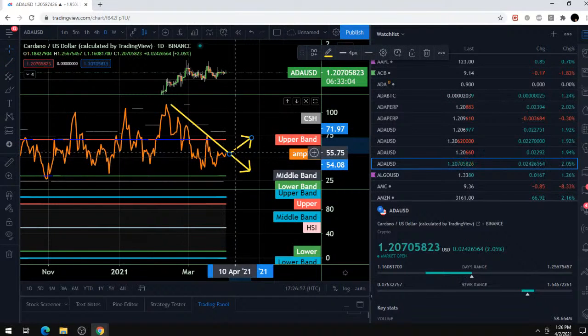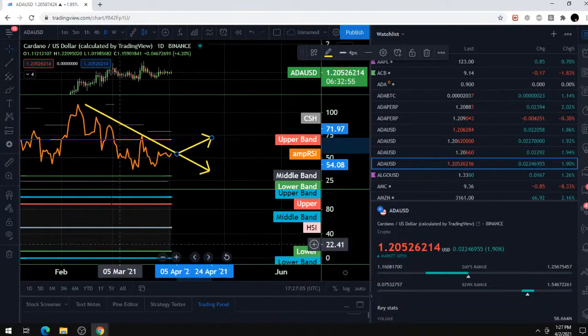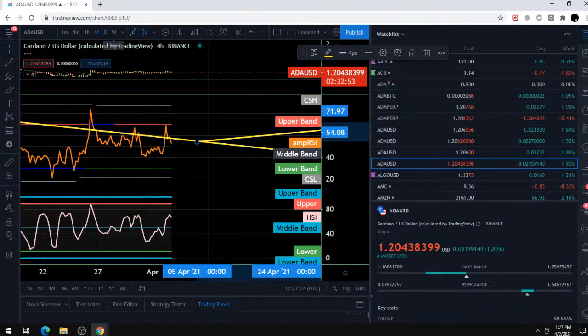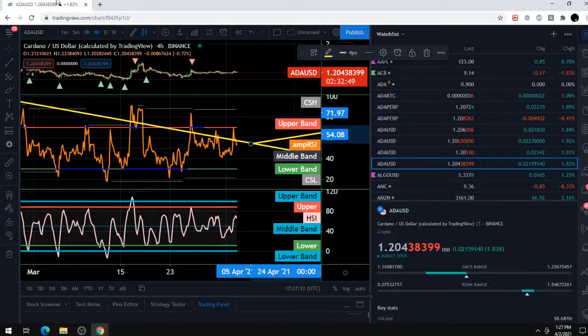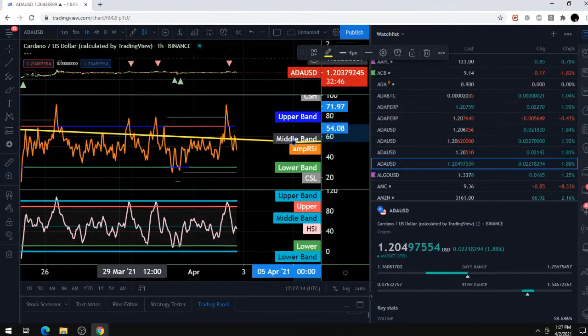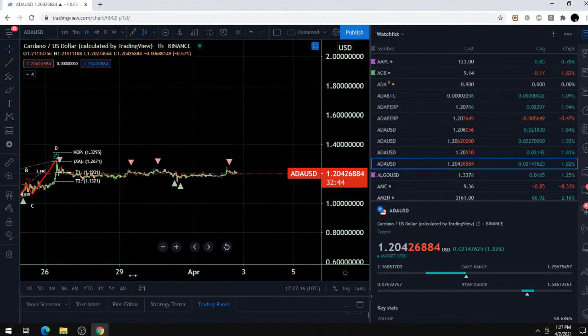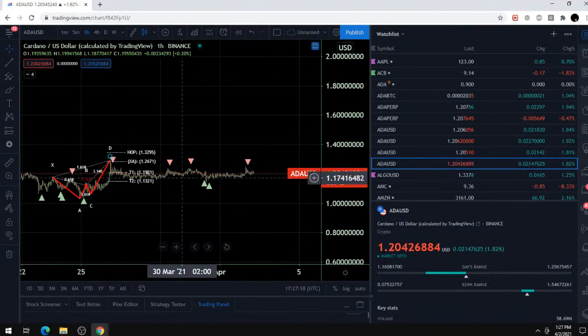The acceleration on Cardano did a few fairly positive things. We need to get above the 50 line on that. Then we go to 4 hour. That's a little bit better. Now go back to the hourly time frame. We are setting up here.